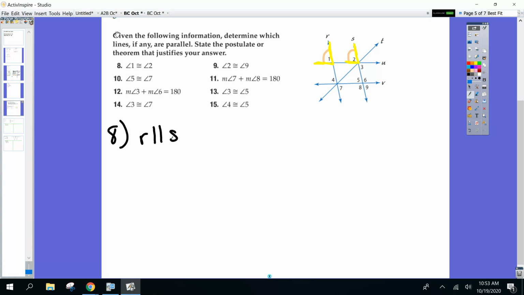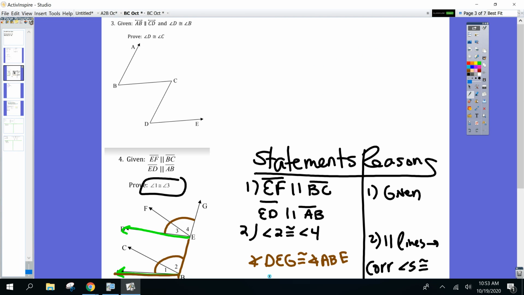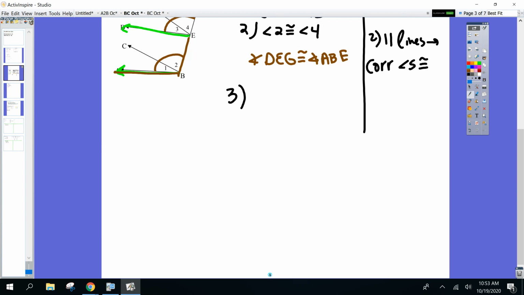Do I still have it up here? I think I do. Yep, remember what we wrote over the weekend? Parallel lines imply corresponding angles are congruent. All you're going to do now is flip it, because now you're proving the lines are parallel.